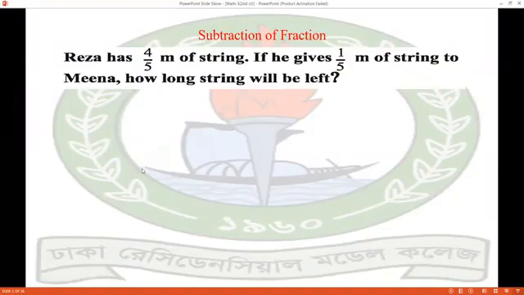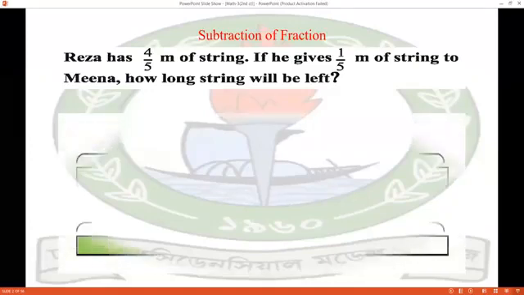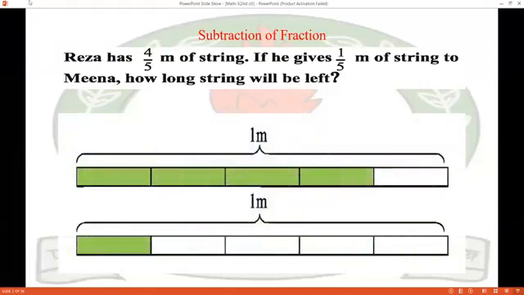Reza has 4 by 5 meter of string. If he gives 1 by 5 meter of string to Mina, how long string will be left? Physically, we see that 1 meter of string is divided into 5 parts: 1, 2, 3, 4, 5.